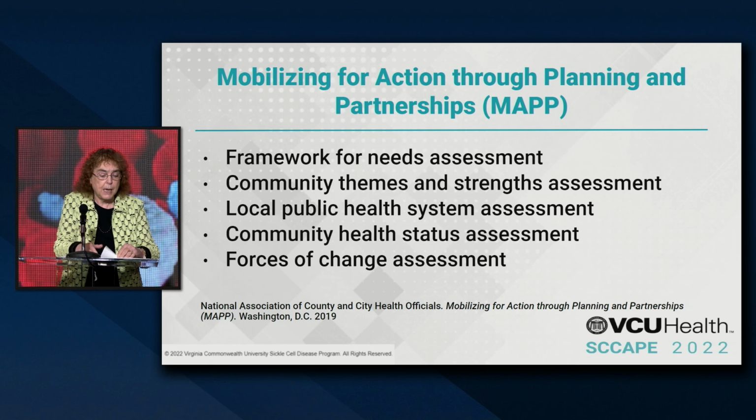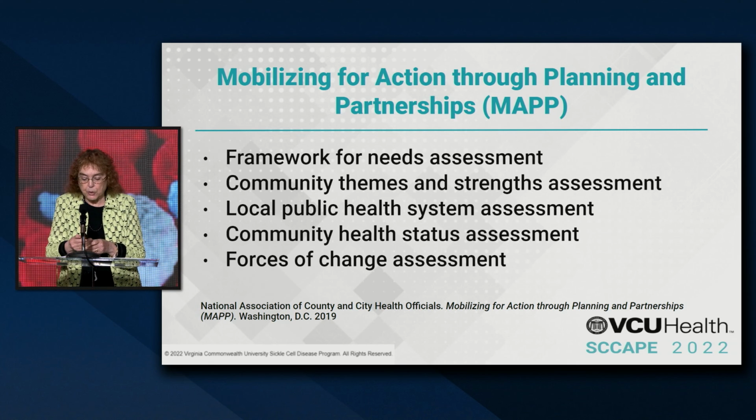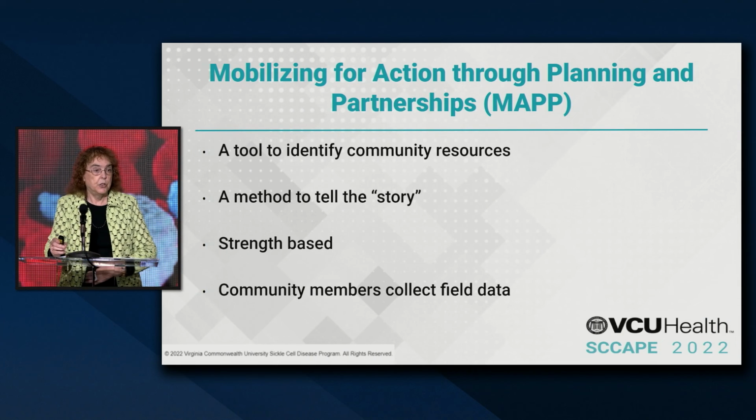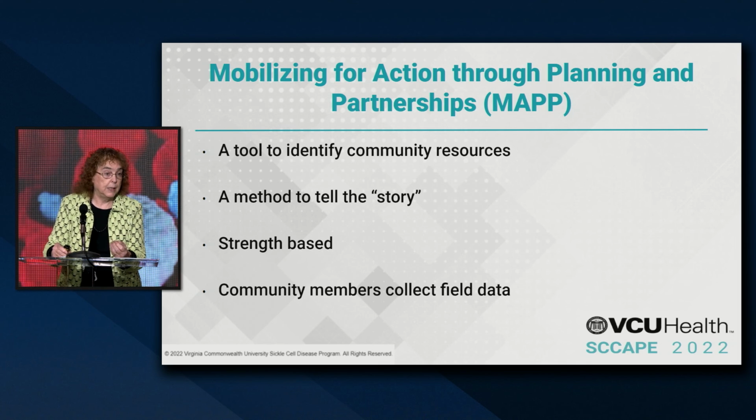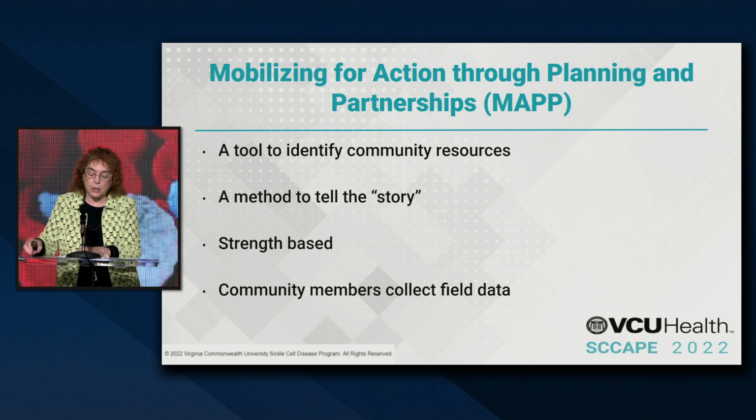So mobilizing for action through planning and partnership is a great way to do some of this. It's a tool, it's a method to tell the story. It's strength-based, which I really like, and you use your community members to collect your field data. So it has lots of input from your target.